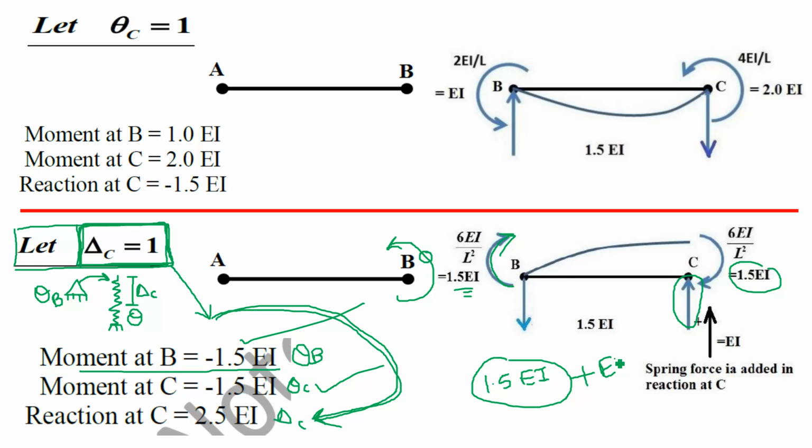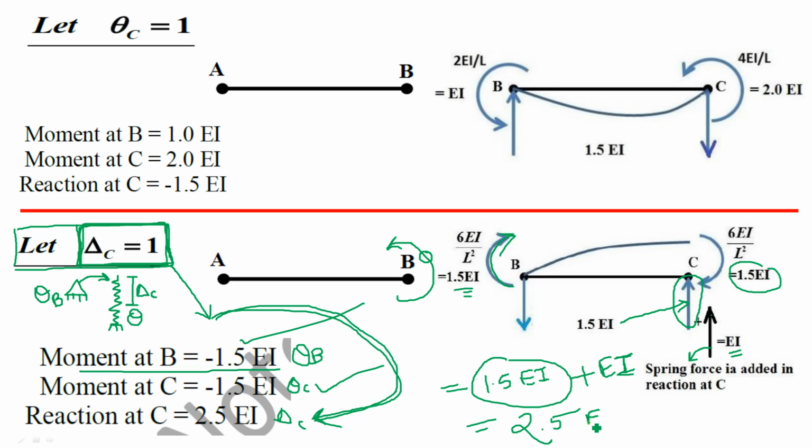which is given to you as EI in the original data. In the original figure it is written K equal to EI for the spring. So the total reaction: this is 1.5, plus this vertical reaction is the stiffness of the spring. The spring force is added in the reaction at C. So total 1.5 EI plus 1 EI is 2.5 EI.